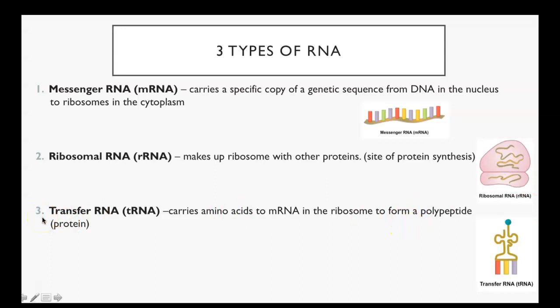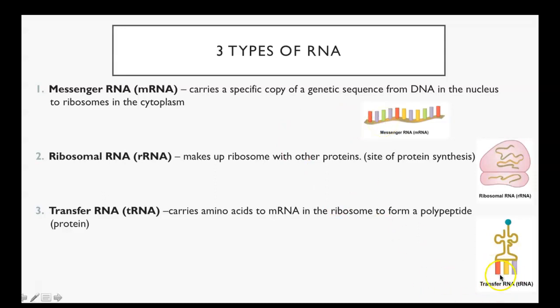Okay, but essentially what our tRNA does is it carries these, we call them anticodons, okay? And these anticodons are going to be complementary to the base pairs on the messenger RNA.